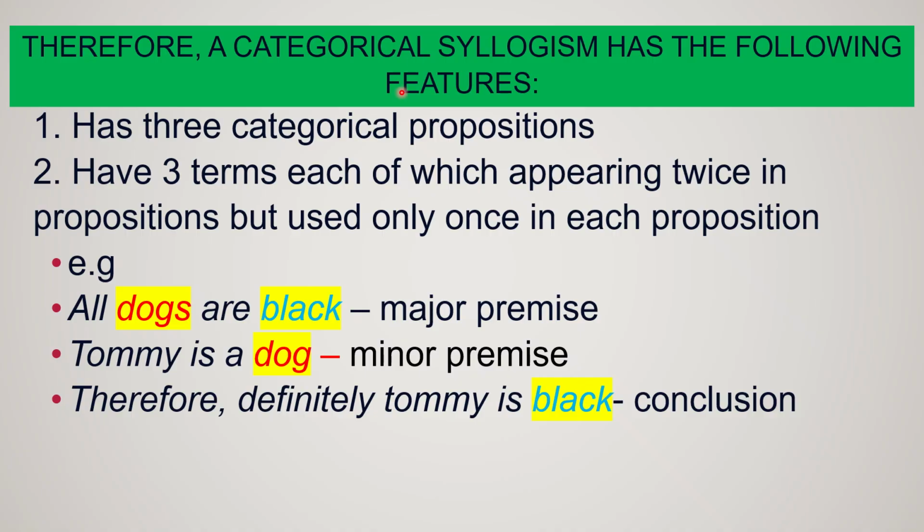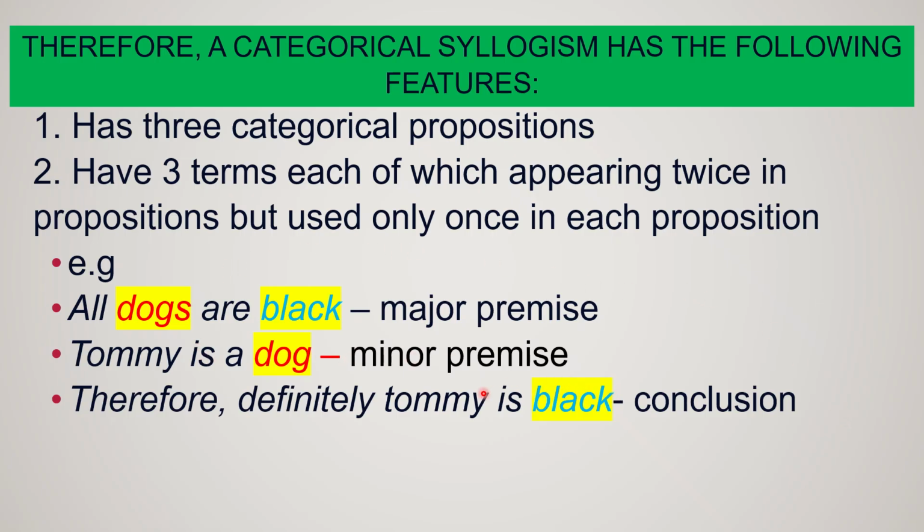Let us learn more from this example. When you say that all dogs are black, Tommy is a dog, therefore, definitely Tommy is black. We have arrived at our conclusion from the premises.